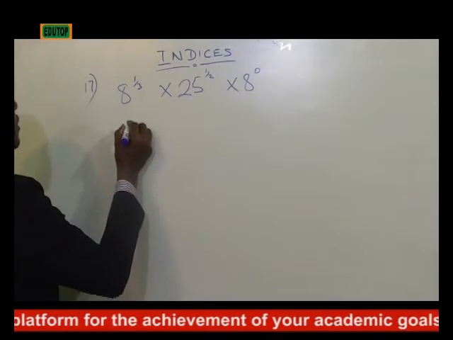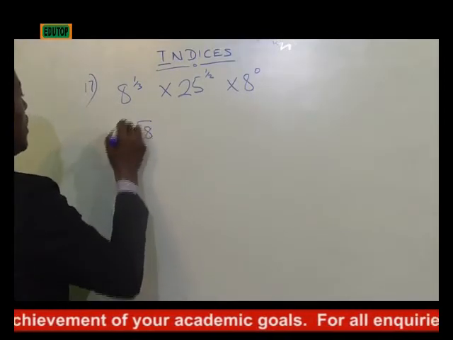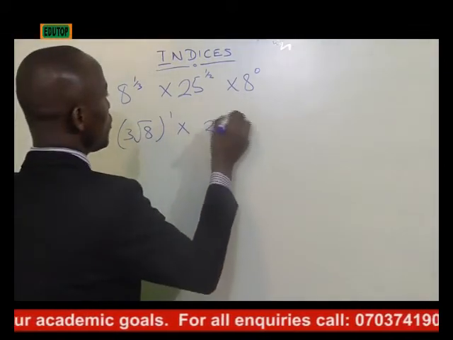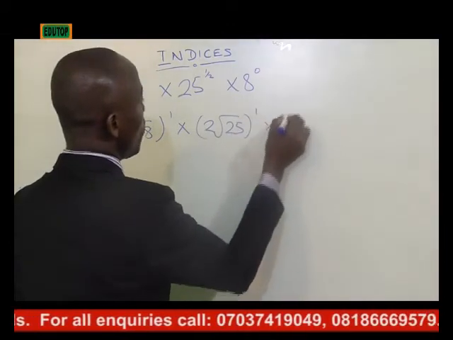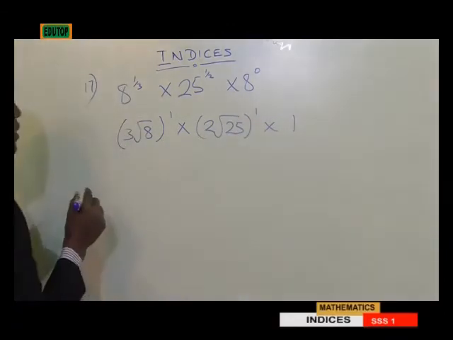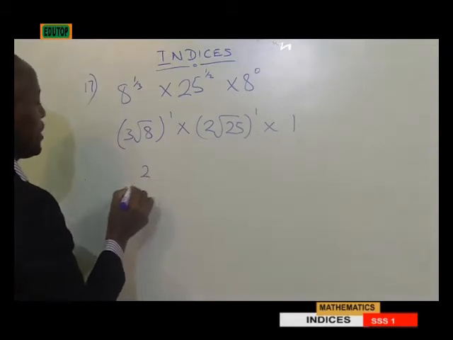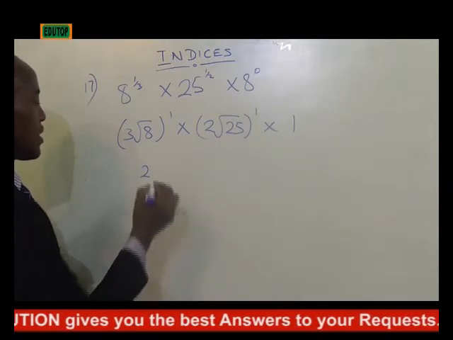So we'll be having 3 root 8, everything raised to the power 1, times 2 root 25, everything raised to the power 1, times 1. 3 root 8 is 2. That is 2 times 2 times 2. 2 times 2 is 4. 4 times 2 is 8.